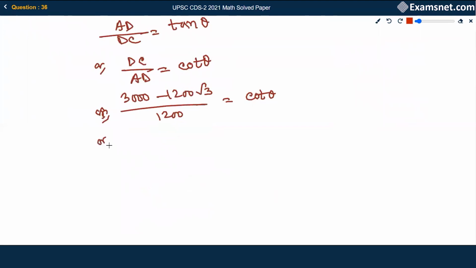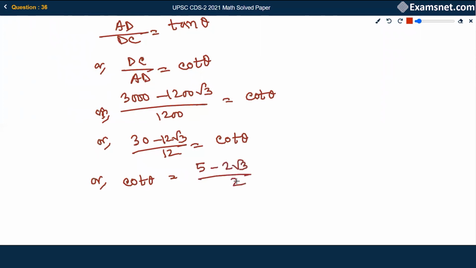After taking 100 common, it will become (30 minus 12 root 3) by 12, equal to cot theta. We can take 6 common, so it will be (5 minus 2 root 3) by 2.